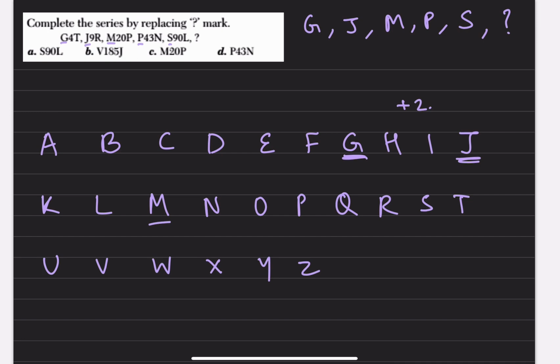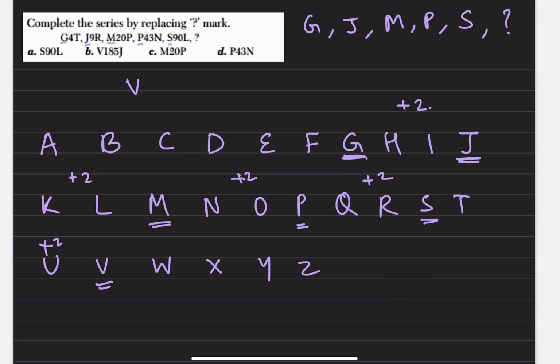Next we have M +2 again, and then P +2 again, and S +2 again, which means the next letter should be V, because we are going to add +2. That means the first letter would be V, and right now itself you can find in the options given that B is the answer, but let's solve the entire thing.